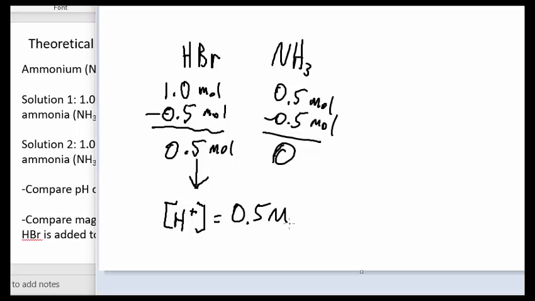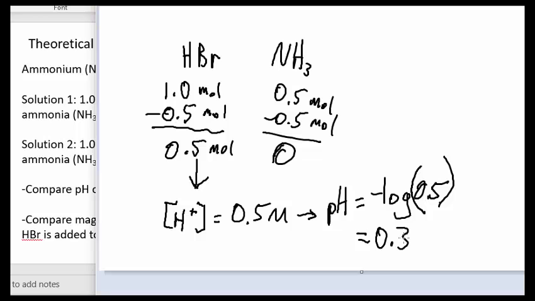And so if we know that, then we simply use this equation for pH. Negative log concentration of hydronium. And drumroll, we find a pH of 0.3.